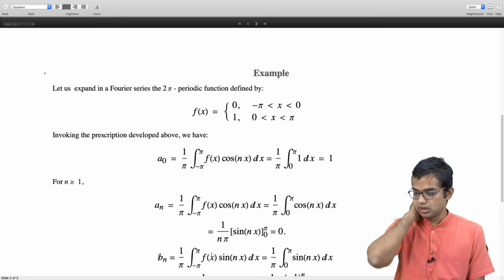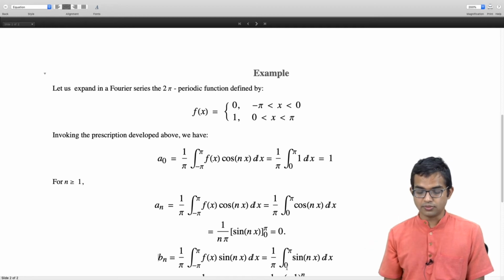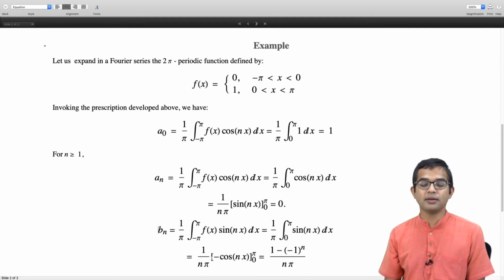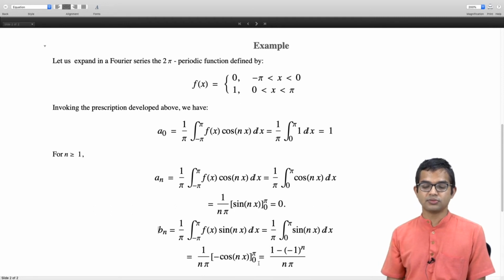And b_n likewise is an integral which needs to be evaluated only in the interval 0 to pi, because f of x is 0 in the interval minus pi to 0. So we have 1 over pi integral 0 to pi sine of nx dx, which gives us 1 over n pi times minus cosine of nx from 0 to pi.